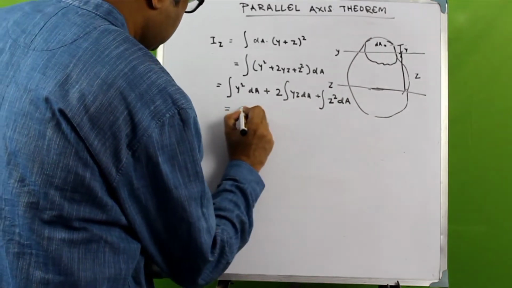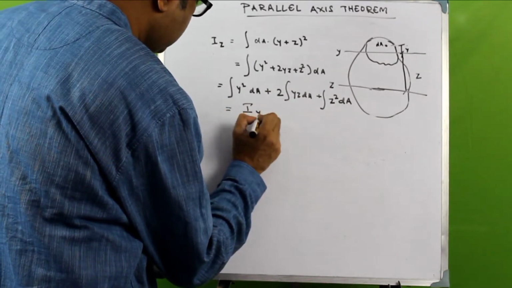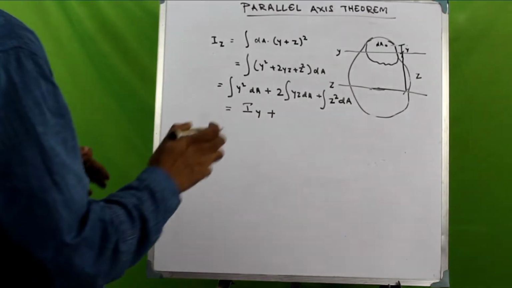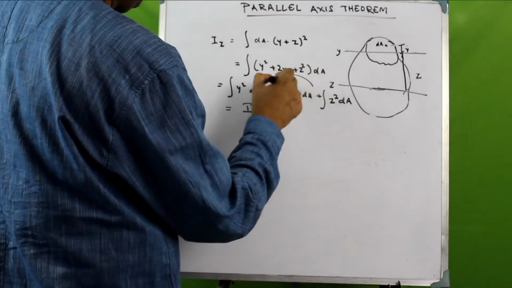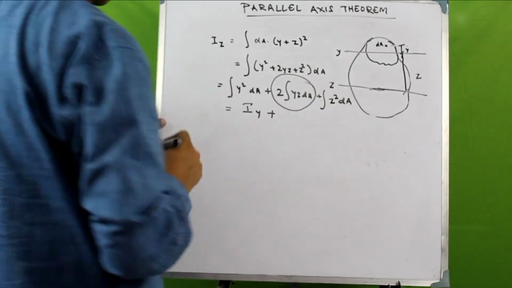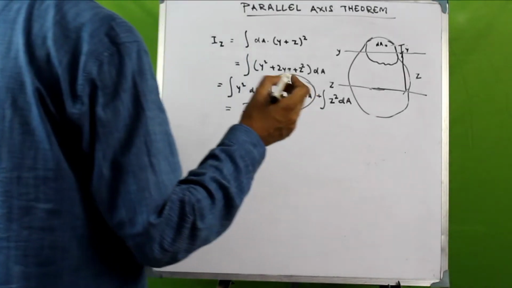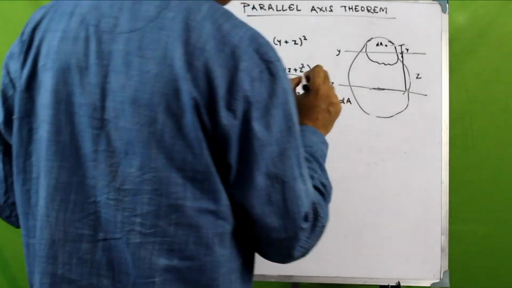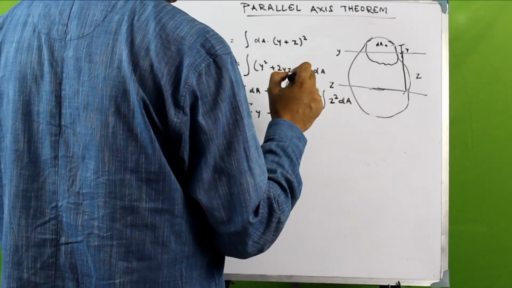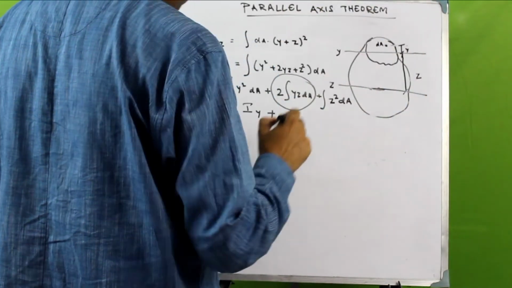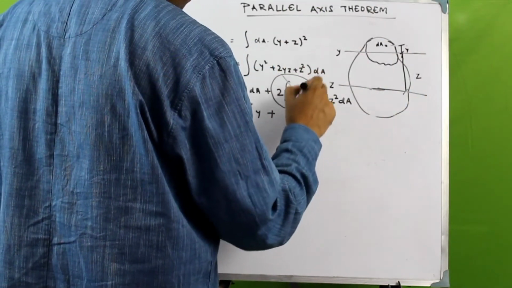So this is Iy. Now this middle term would vanish. Why? Because this is something that is drawn about the centroidal axis, so this term would vanish.